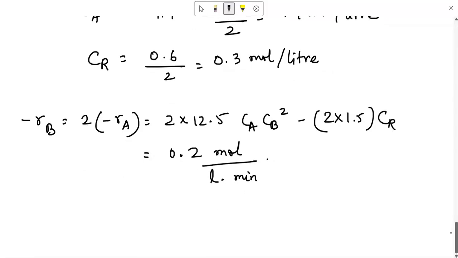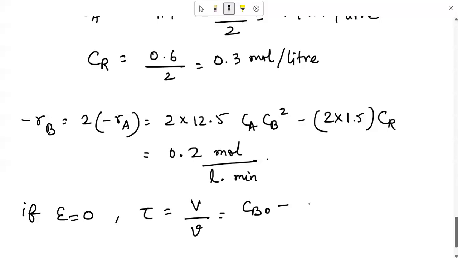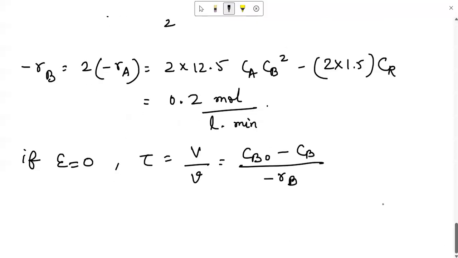Now if there is no density change, if epsilon equals 0 with respect to the limiting reactant, then we can write tau equals V by small v, and this again equals CB0 minus CB by minus rB. We have just studied this relationship for constant density systems.